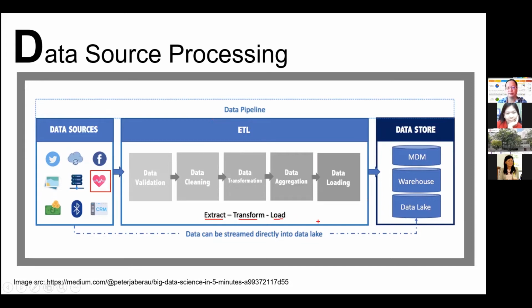Load means loading into a database. Once it is loaded into a database, the data becomes structured. When data becomes structured, we can process it easily using any data science or machine learning algorithms.